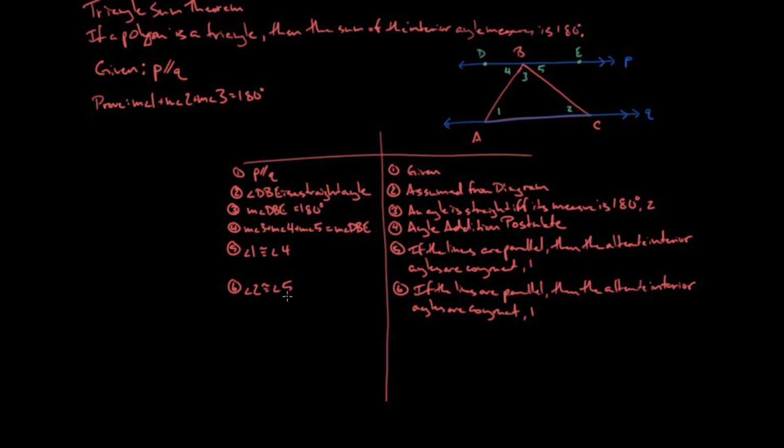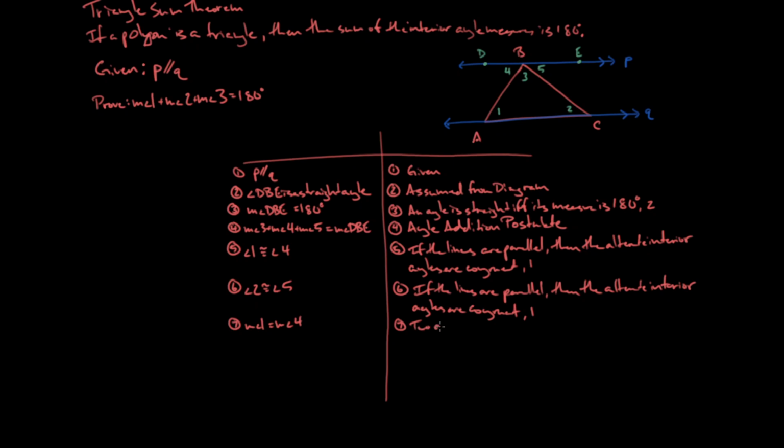So, now that I have these congruent, what I'd really like to do is substitute these back in, but of course I can't do that because these are congruent statements, so I need equality statements. So I need to do the tedious step here, well, 2 steps. Step number 7, the measure of angle 1 is equal to the measure of angle 4. And this is just my definition of congruence.